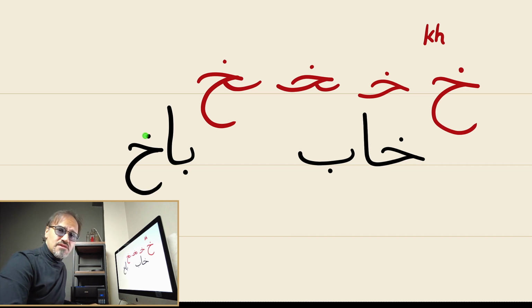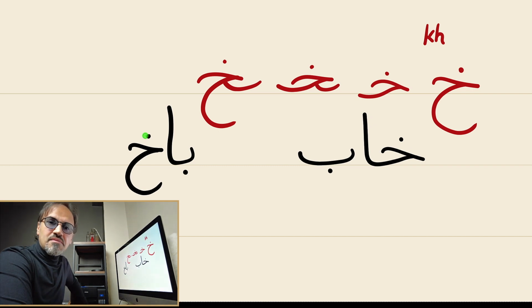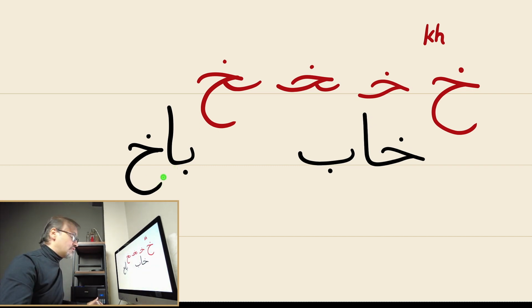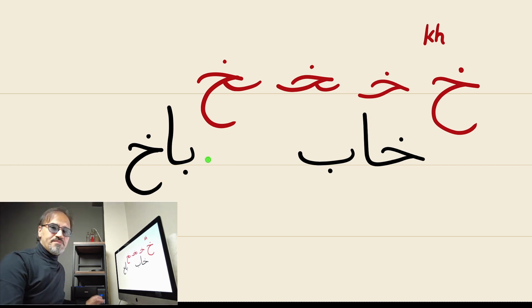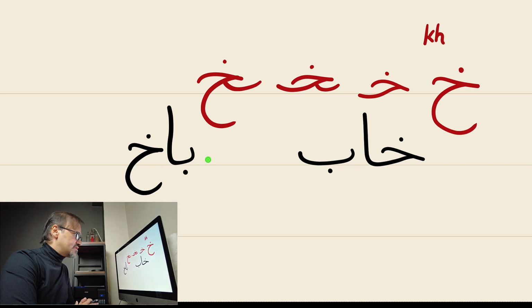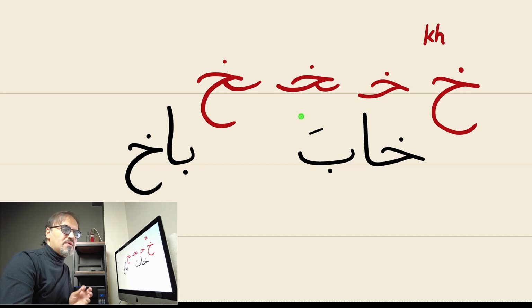It's none other than Bach, the famous composer. This is how his name is written in Arabic. Remember the diacritical signs. If we put them over here, it becomes khabe, a little e at the end. So that's the letter kh.